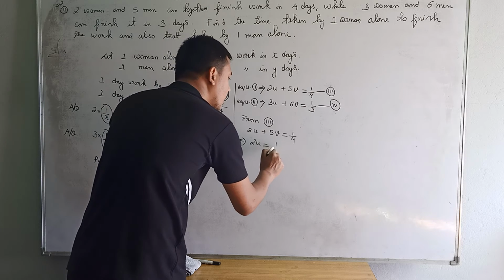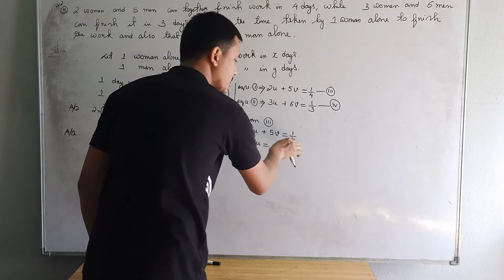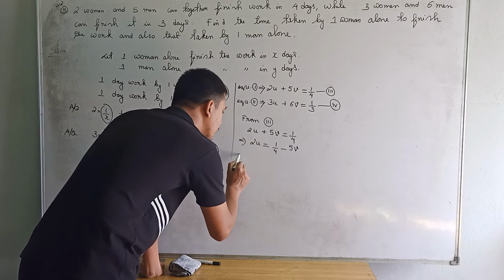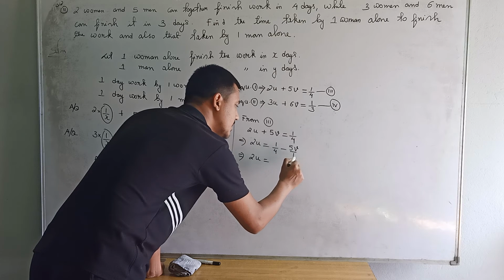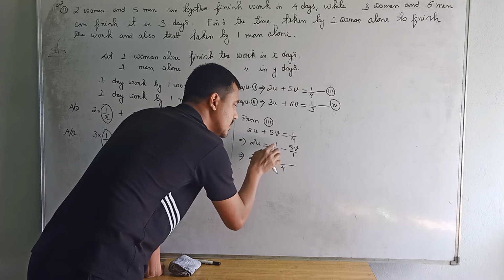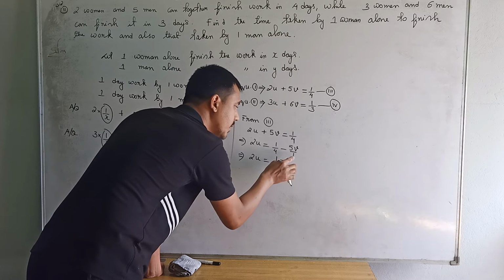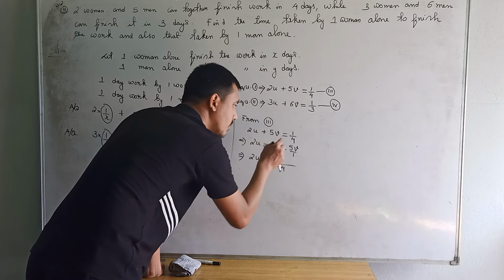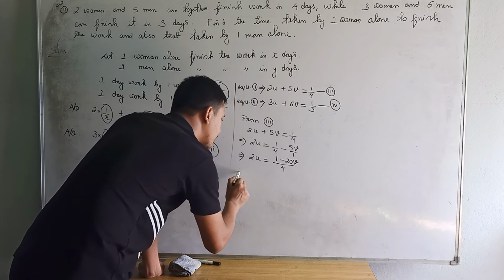2u will be equal to 1 upon 4 minus 5v plus 5v, transpose it as minus 5v. So 2u will be equal to, if you take LCM of 4 and 1, it is 4. 4 cancels out, so we have only 1 here. 4 divided by 1 gives you 4. So 4 times 5v is 20v.